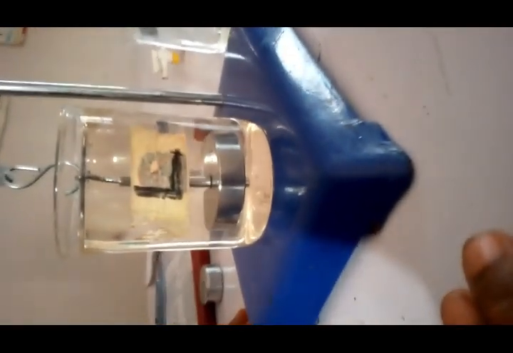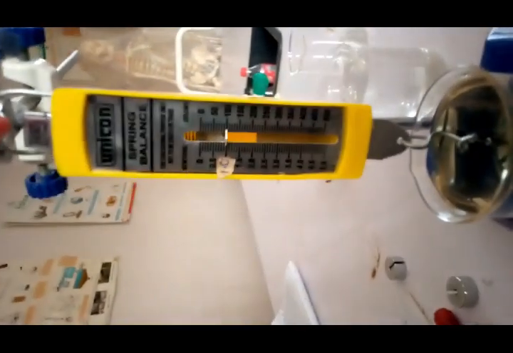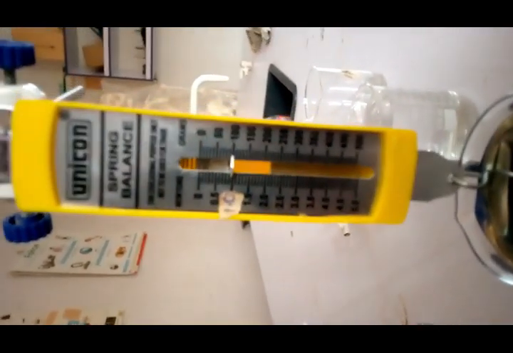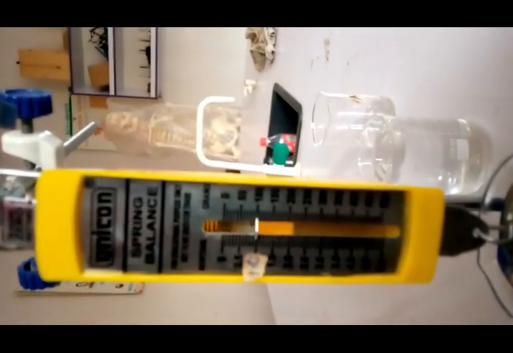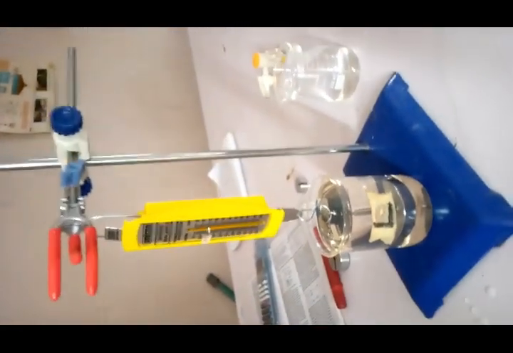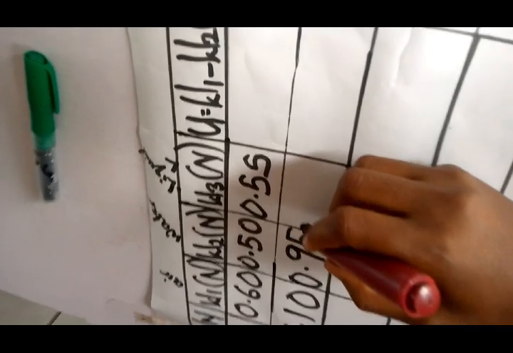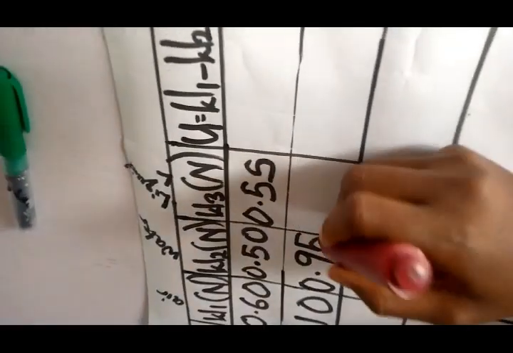It should not touch the side. It should not touch the bottom. So at this point, you can now take your reading. The pointer is directly on 1.0. So our reading on the kerosene, for the weight of the object in liquid L, is 1.00.